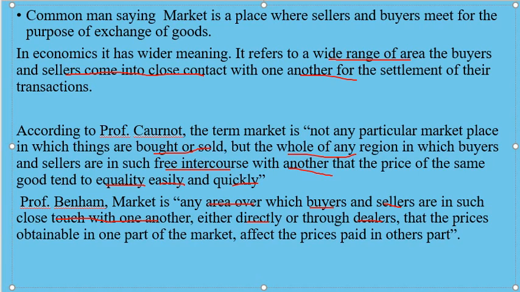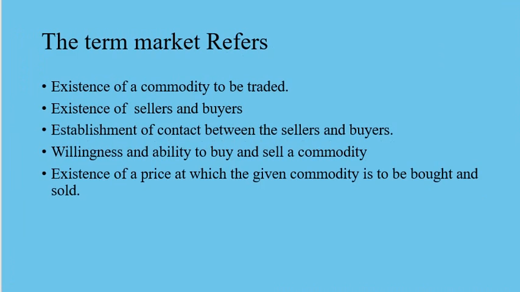By seeing all these definitions, we come to a conclusion about what we mean by market. There is the existence of a commodity to be traded, and the existence of sellers and buyers, goods to be sold and bought.